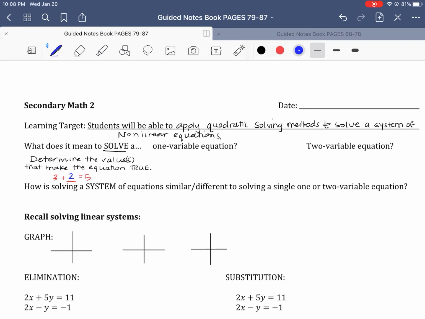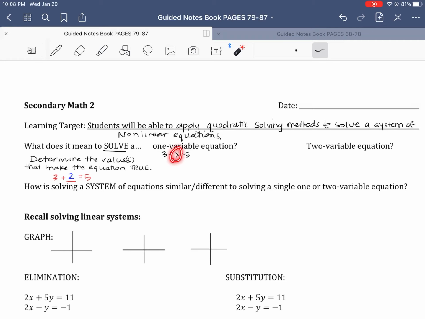We solved that. Now, because techniques for solving and understanding relationships and equations get a little more complicated, we use variables to represent that. So the equation could look something like 3 plus x equals 5. This is what we call a one-variable equation because there's only one type of variable involved here.